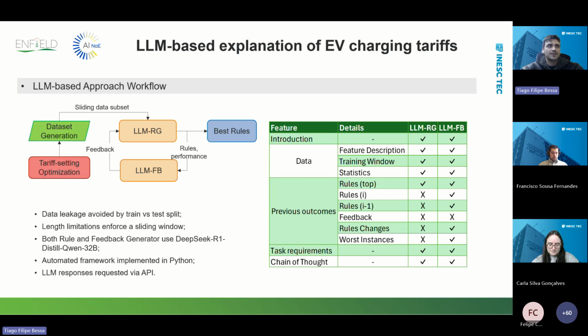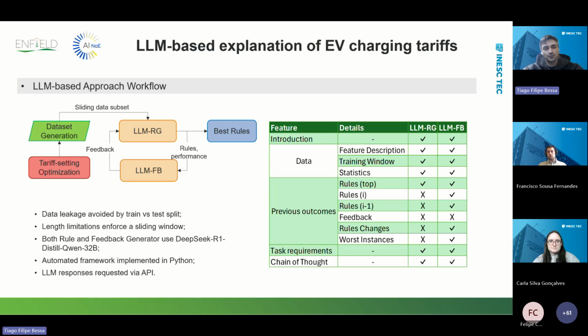So the initial steps are the same. We have an optimization model, we make the long-term execution of this optimization, and then we generate a data frame. This data frame then is fed to an LLM. This LLM framework is basically composed of two large language models.